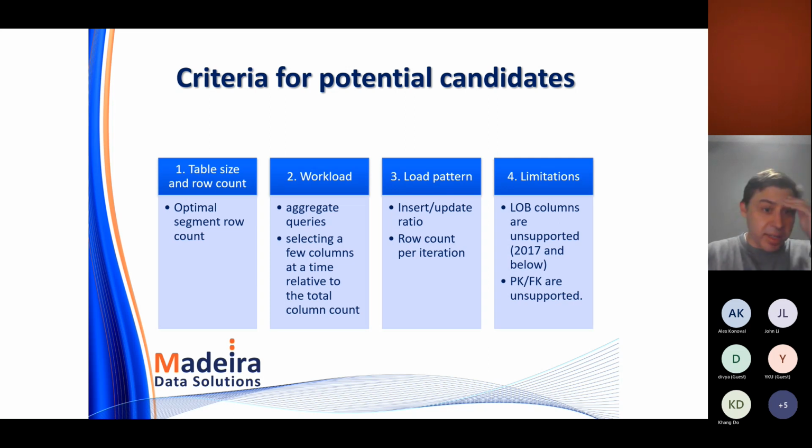Okay, the second criteria is the workload. So the workload means the queries that are basically running on your system the most. So first is the aggregate queries, and second is queries that retrieve a small amount of columns every time. Let's consider this scenario. You have a table that has 20 columns, right? A regular table, not Columnstore.